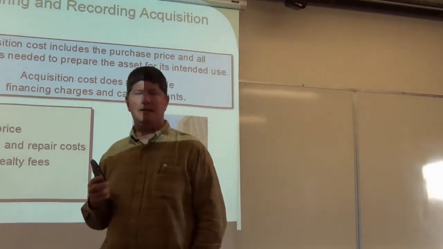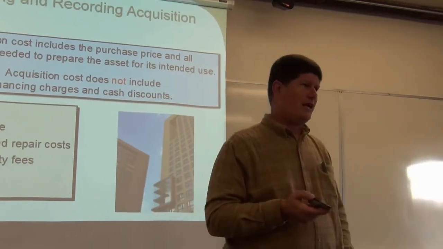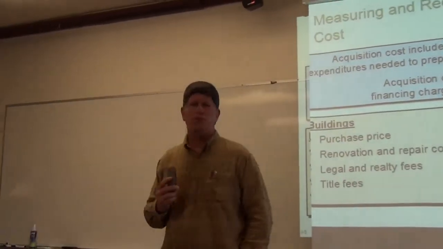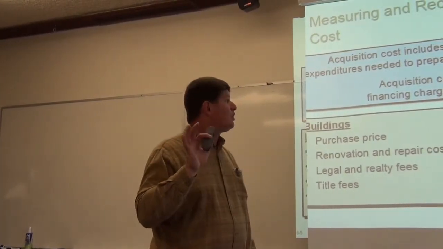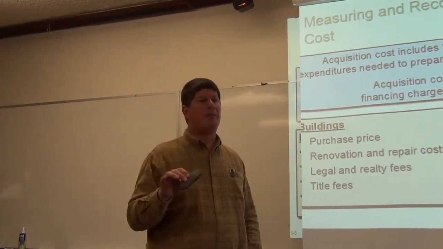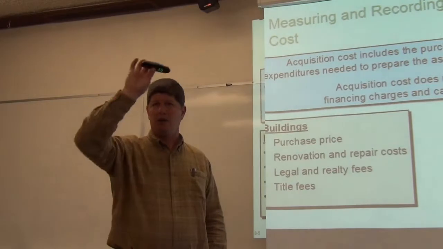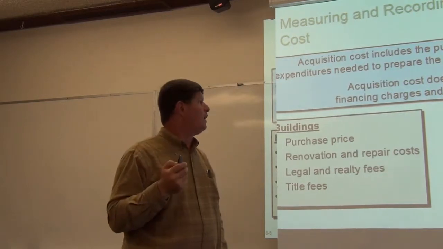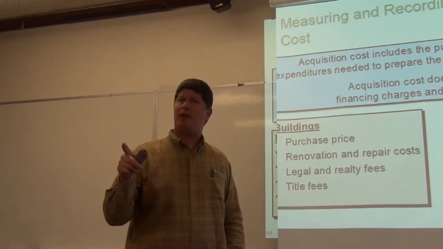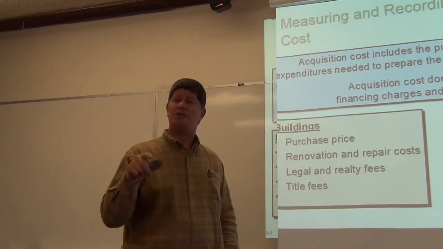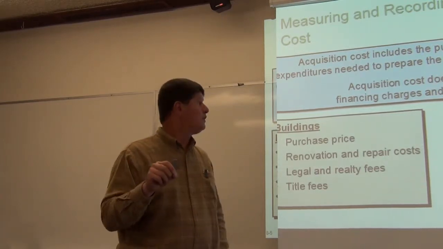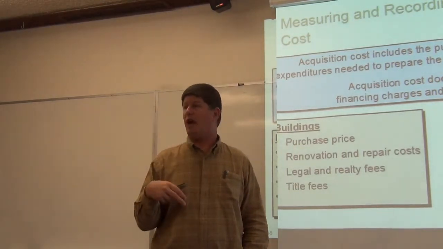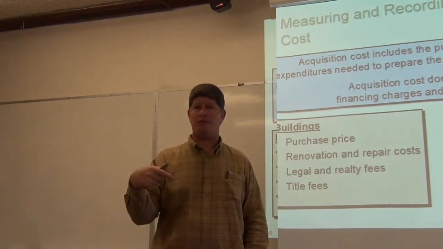The other thing I want to talk about is the cost of your fixed assets. When you buy fixed assets, the cost gets what's called capitalized, and it ends up going on your balance sheet under property, plant, and equipment, and then we have land, buildings, equipment, and so on. The value that gets capitalized is sometimes not just the price you pay for the item. For example, if you buy a piece of equipment and you have to pay to have it shipped to your factory, that gets included in your capitalized cost.